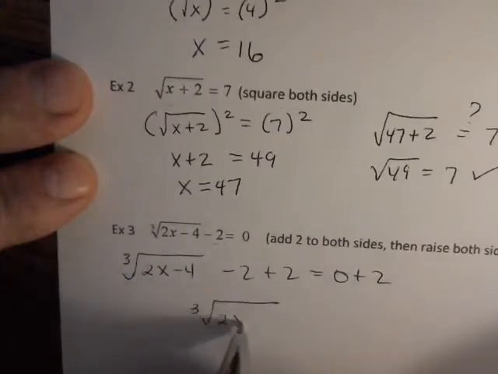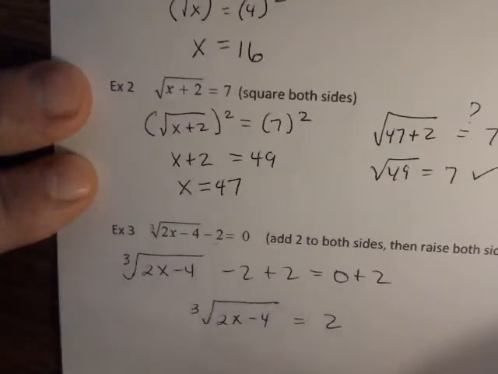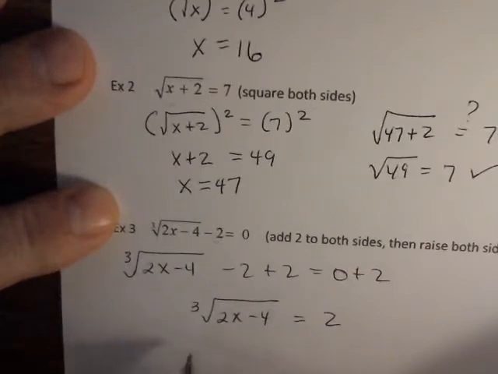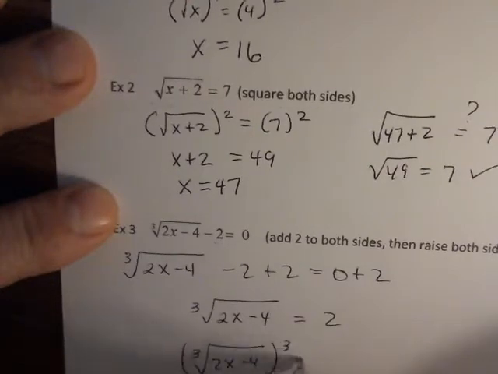So that leaves me with the cube root of 2x minus 4 equals 2. Now, raise both sides to the third power because that is going to undo my cube root. It's just the way things work.